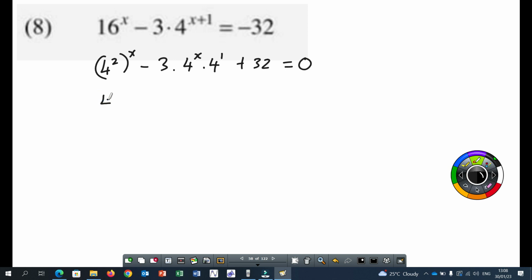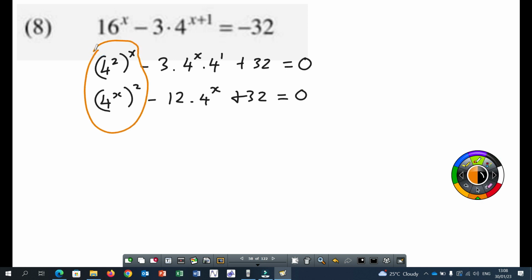So this will become 4 to the power of x all squared minus 12 times 4 to the power of x plus 32, that's equal to 0. 3 times 4 to the power of 1 will give me 12. Please take note how I moved from these two here, how they are related. What's different about it?